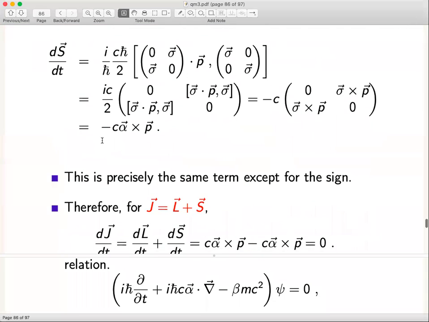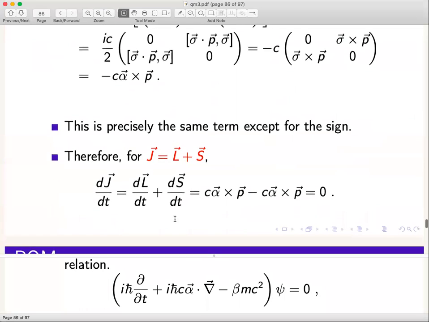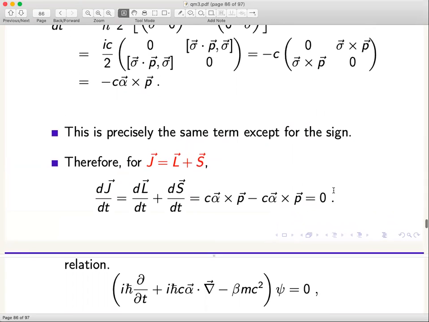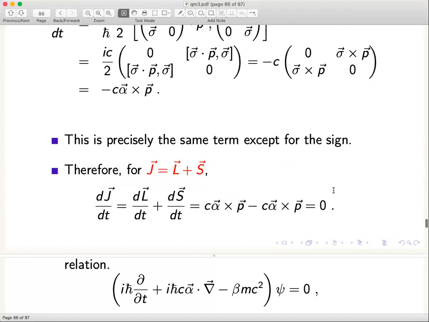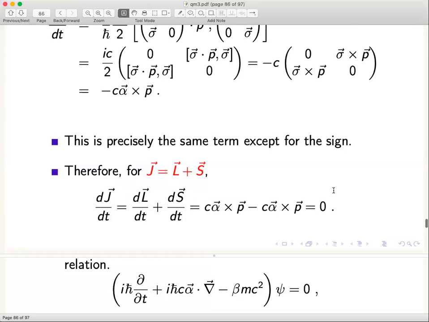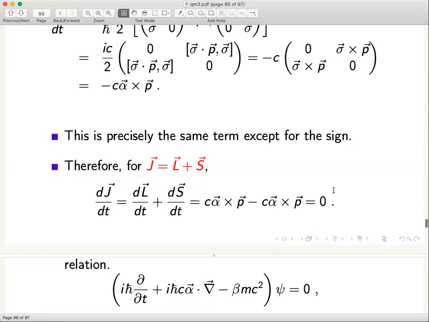Therefore, if you look at J, which is L plus S, the time variation of J is dL/dt plus dS/dt, which will give you c times α cross p minus c times α cross p, and therefore that answer would be 0. So what you find is that the total angular momentum of this particle is conserved, but orbital angular momentum or spin angular momentum individually are not conserved.